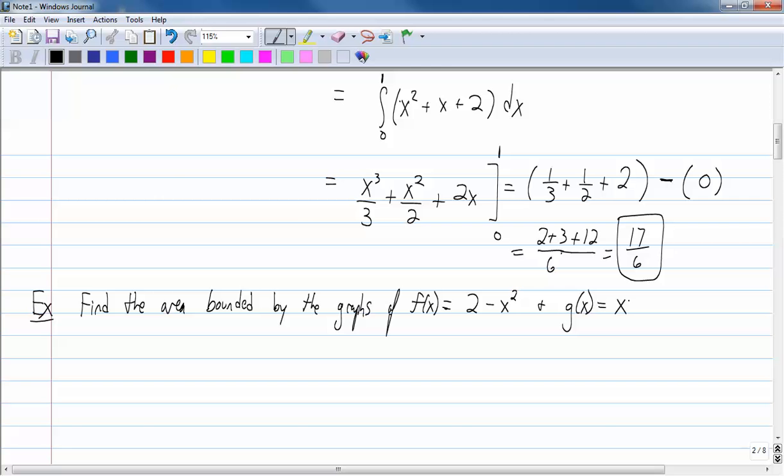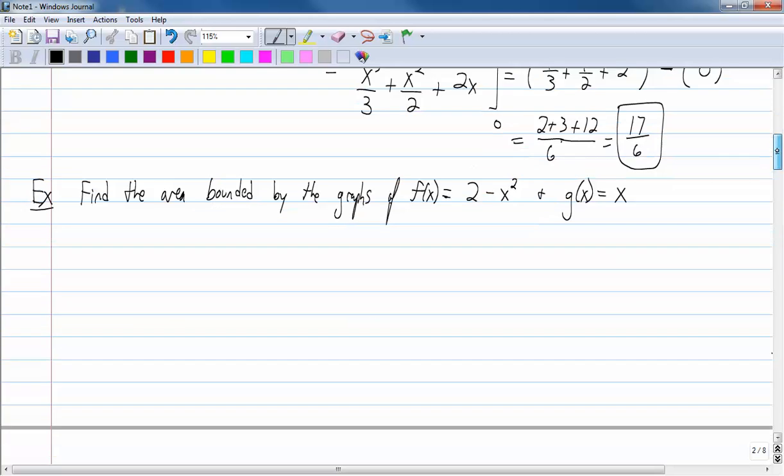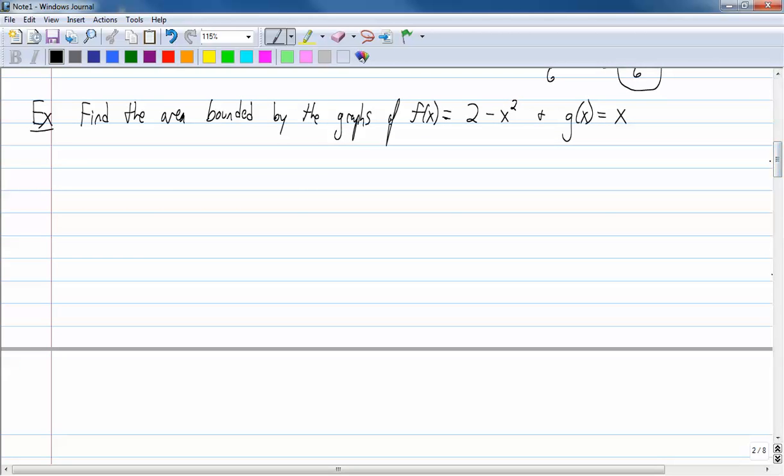Alright, so a rough sketch of this graph. This is a quadratic, so it's a U-shaped graph. There's a minus in front of it, so it's opening downward.